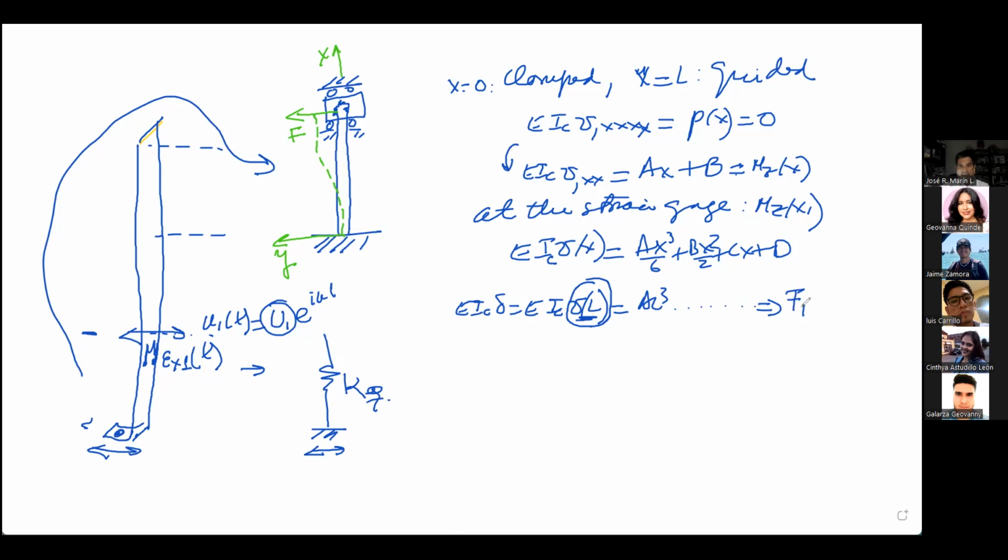So F1 is calculated using U1. That's the force that you need to apply in here in order to make this move a certain distance U1. Once you know that, you can calculate the moment.